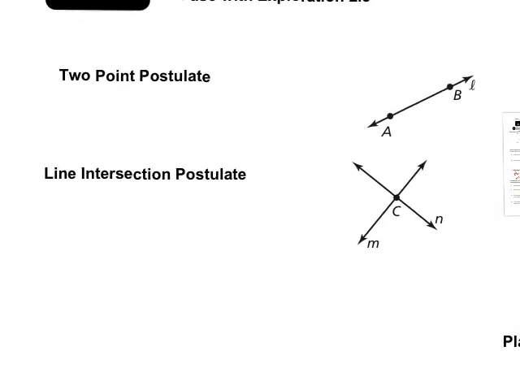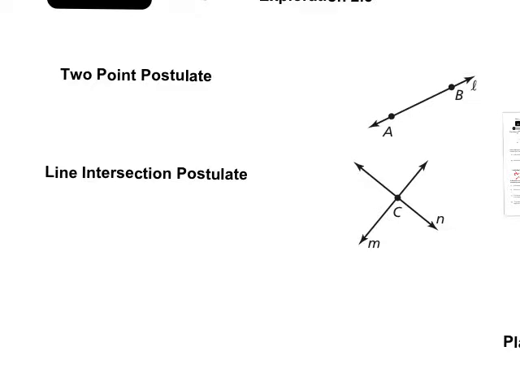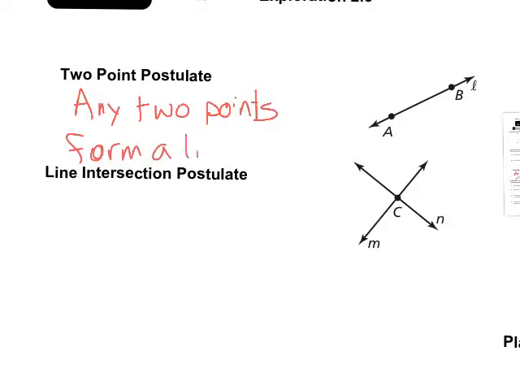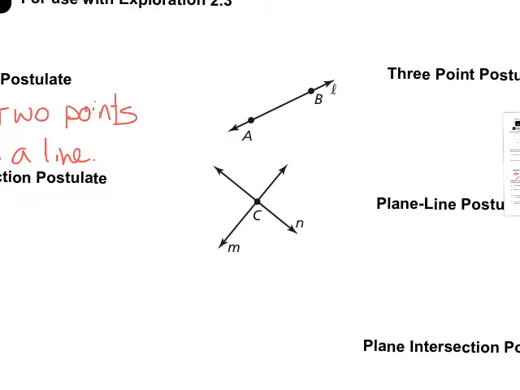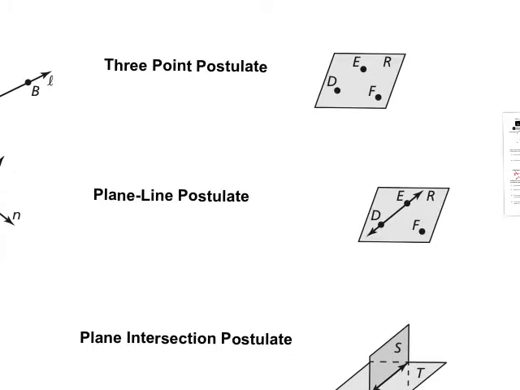Okay, so let's look at these two postulates here. The 2-point postulate is super simple. All it says is any 2 points form a line. Then if we swing over to the 3 points postulate, any 3 points form a plane.